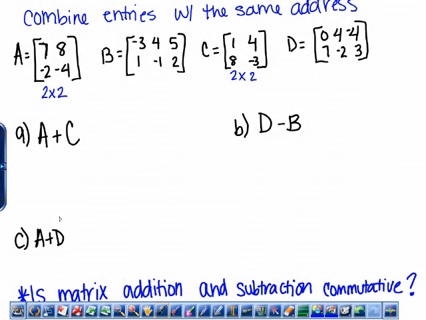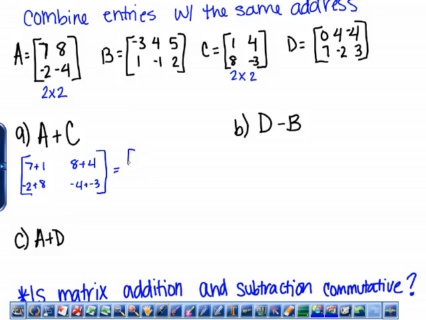So when I add matrix A and matrix C, I'm going to add the entries with the same address. So address of 1, 1 and 1, 1. So I'm going to do 7 plus 1, 8 plus 4, -2 plus 8, and -4 plus -3.